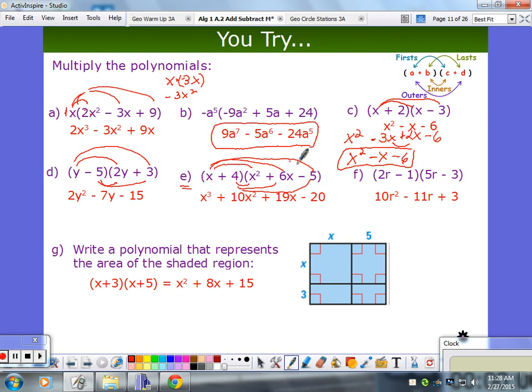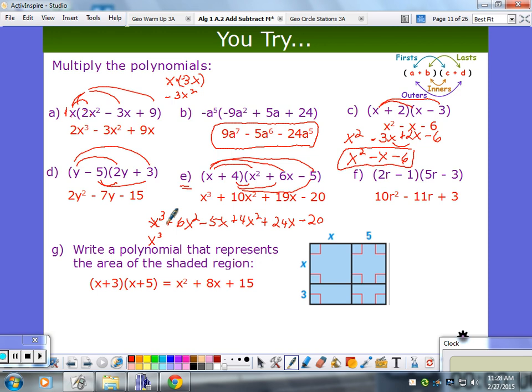This one's a little bit trickier, right? X cubed plus 6x squared minus 5x. Where's that coming from? Distributing the x. Plus 4x squared plus 24x minus 20. How did I get that? That's distributing the 4. Combine like terms. I've got an x cubed.